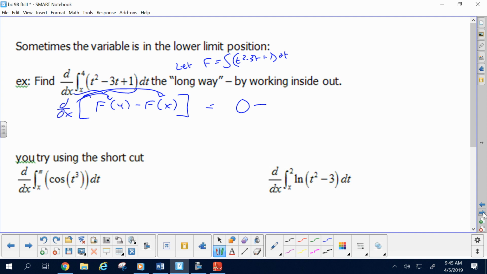It's just the function, but not with t in it anymore, with x. And so it would be something like the opposite of x squared minus 3x plus 1, or if you like, negative x squared plus 3x minus 1. So in essence then, what happens when the x is in the lower limit position? It's the negative of the function, right? So would you do those two, please?